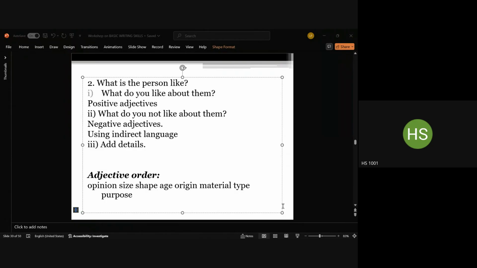Let's say... lovely. Okay. Then tail, long.